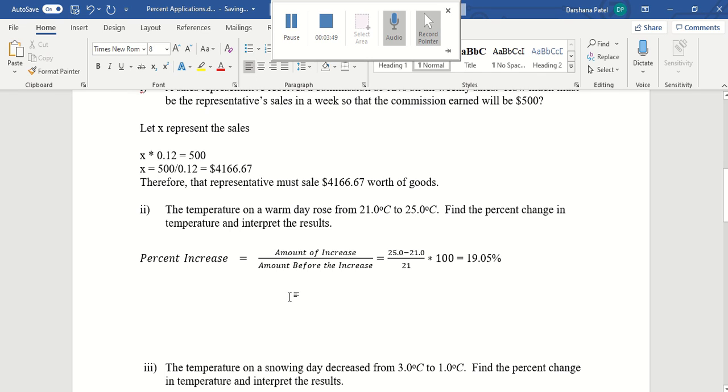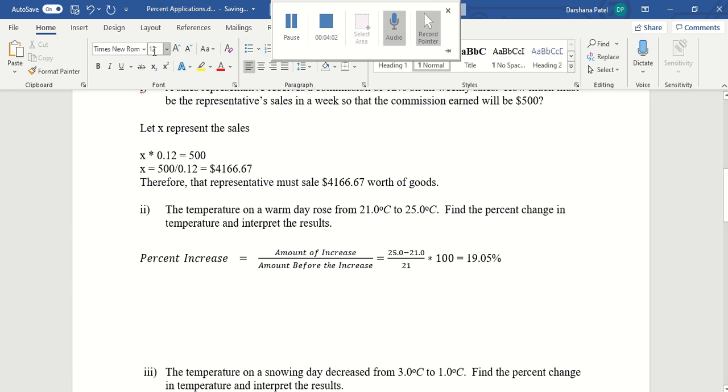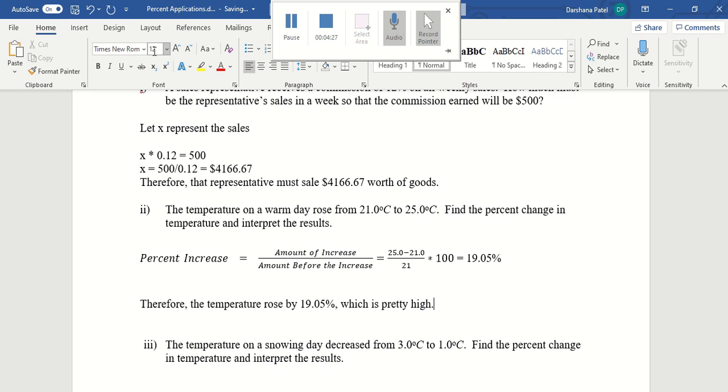So we can say, therefore, the temperature rose or increased by 19.05%, which is pretty high. Okay, pretty high change, a drastic change in the temperature.